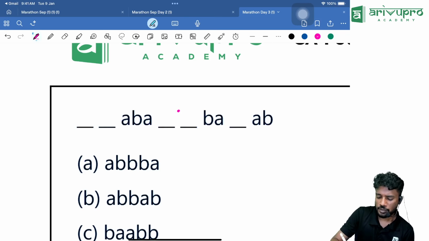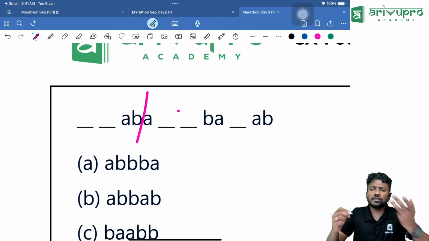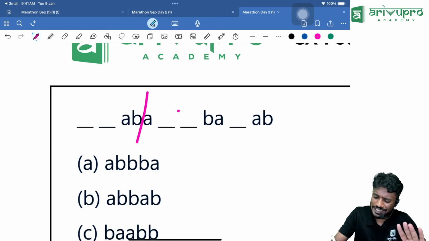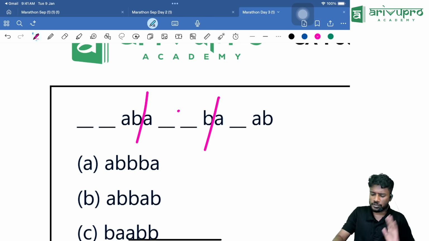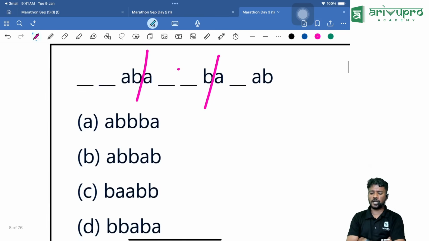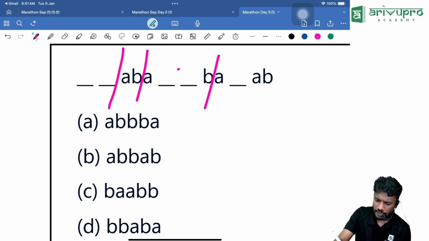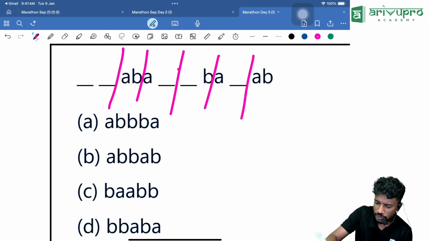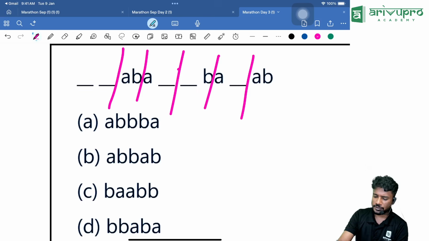Yes. We will cut it into 4 of 3 each. Then we will assume things based on the given options. Now, if you want, you can cut into 2 also. That is also possible. If you are cutting into 2, AB is there throughout.